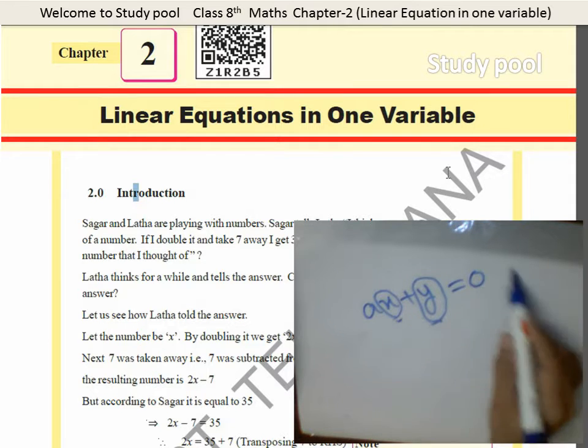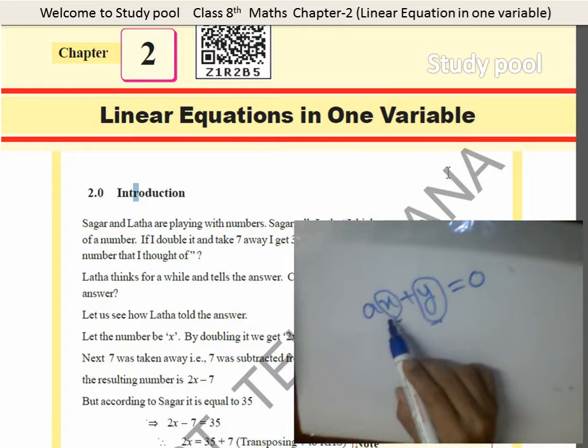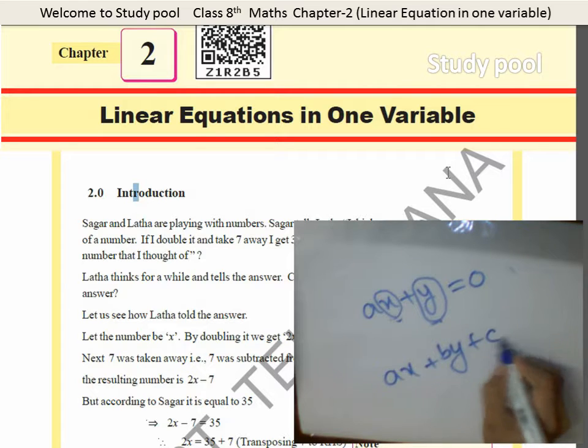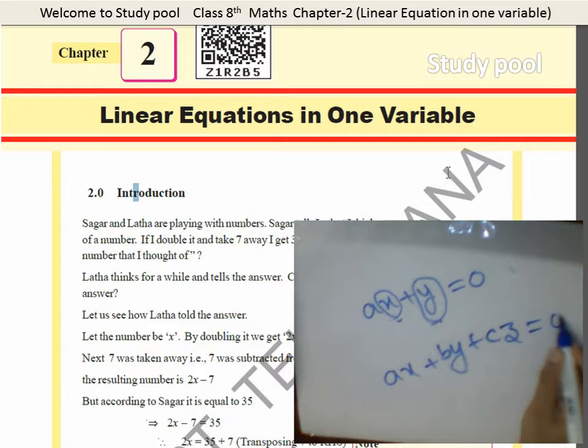So we can say this equation is in two variables. If I take ax plus by plus cz is equal to 0, now if you observe x, y and z, these three are the variables. So this is a linear equation in three variables.